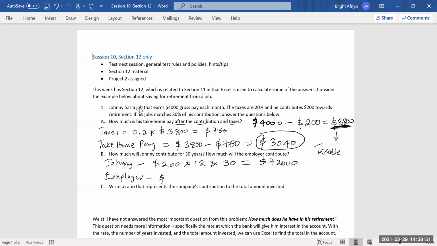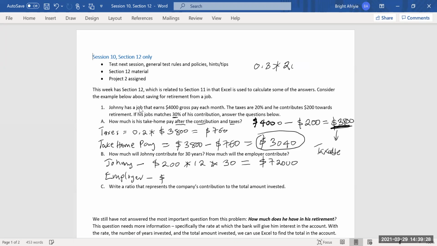Now let's know how much his employer will contribute. His employer contributes 30%, so you have to do 30% of Johnny's contribution. Is that okay?